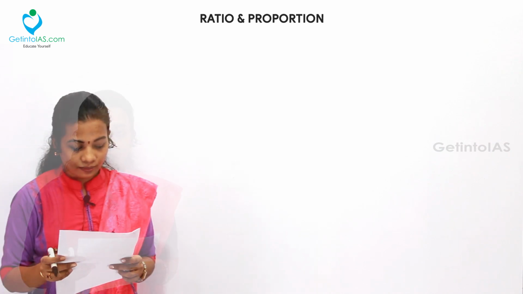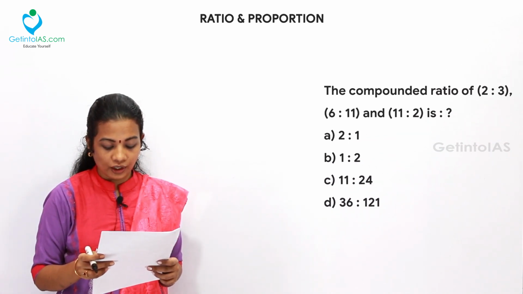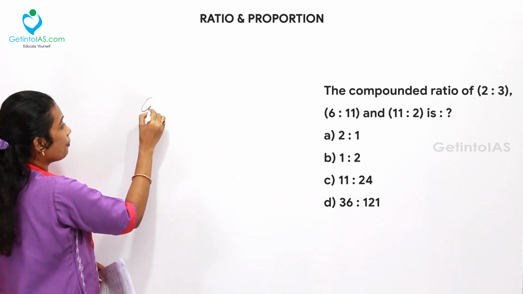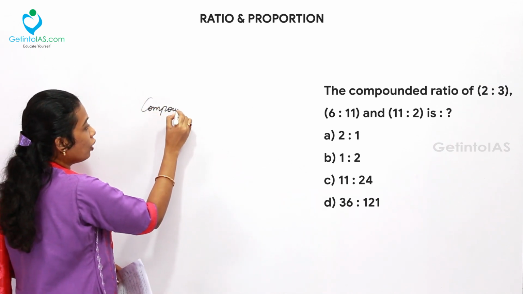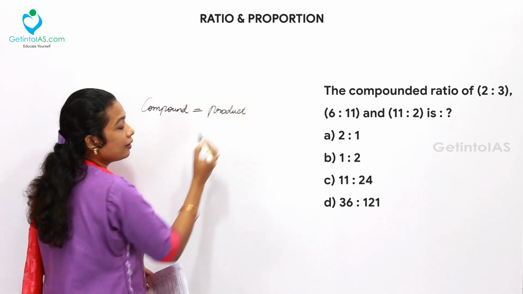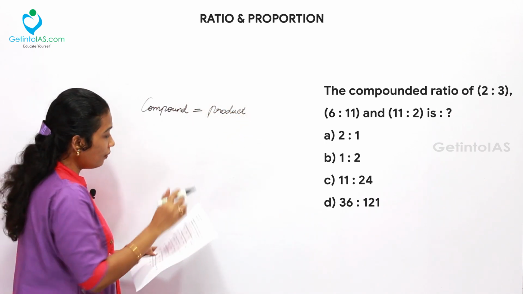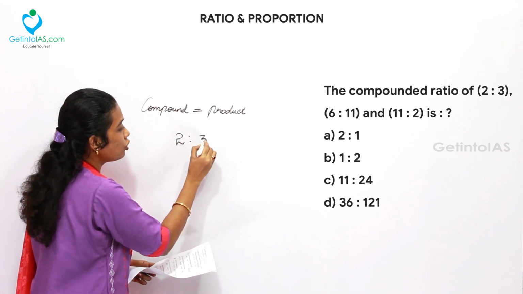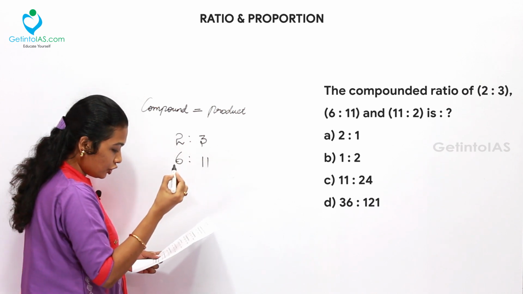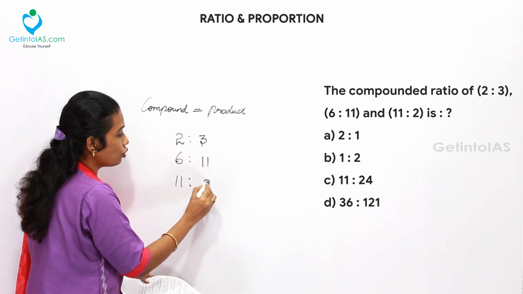The next question: the compound ratio of 2 is to 3, 6 is to 11 and 11 is to 2. Compound denotes product. Simply take the product of the antecedents and the consequents. The first ratio is 2 is to 3, the second is 6 is to 11, the third is 11 is to 2.